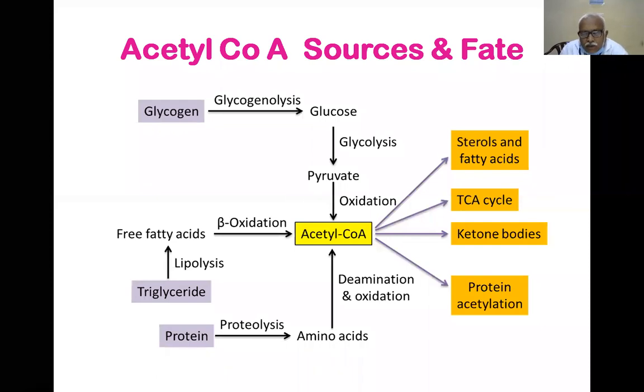The liver will have more glycogen than the muscle. When an emergency comes, the liver glycogen will be broken down by glycogenolysis into glucose. That glucose will enter glycolysis and produce pyruvate, and this pyruvate will go into the conversion of acetyl-CoA.